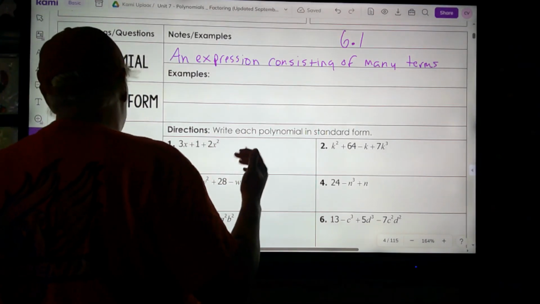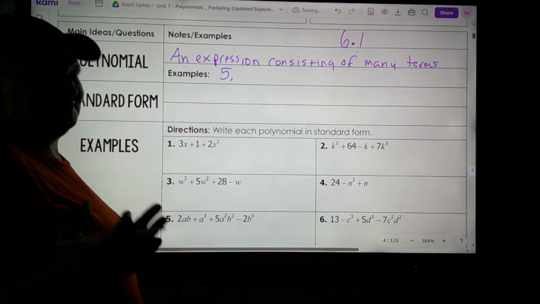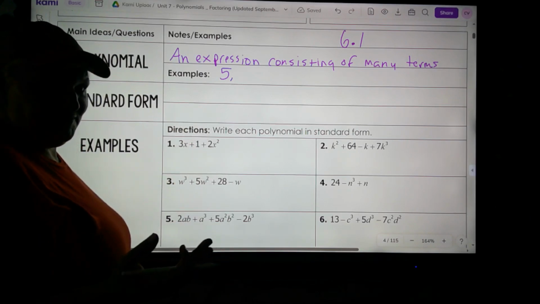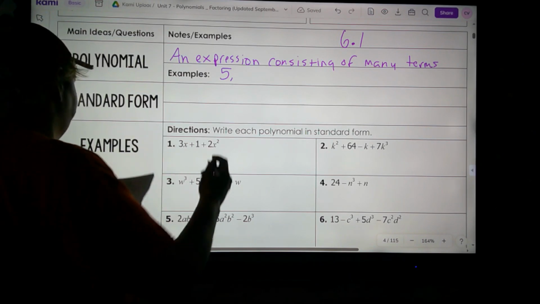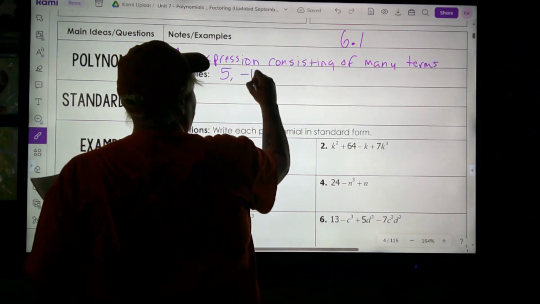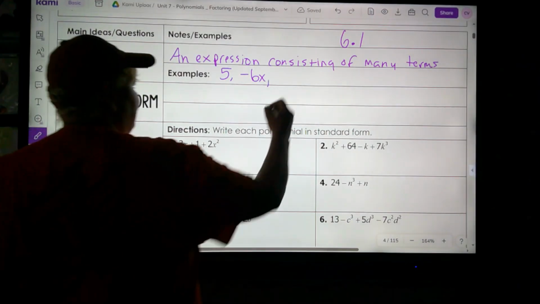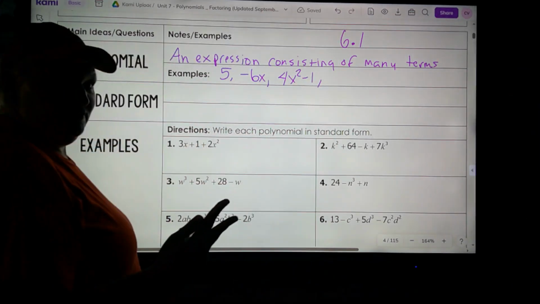Alright, so examples. 5, this is what I mean by loose expression. 5 is an expression. It's a term. Thus, it's a polynomial. I know. Alright, so is negative 6x. Even though it's only one term, it's a polynomial. 4x squared minus 1. 2 terms.